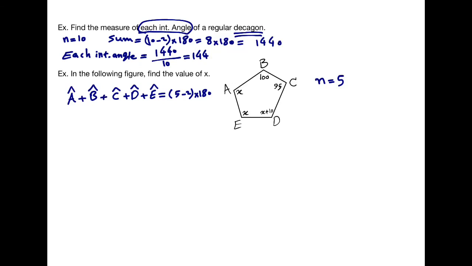Angle A is given by x, angle B is 100, angle C is 95, D is x plus 10, and finally, angle E is given by x. So that's equal to 5 minus 2 is 3, 3 times 180, which is 540.